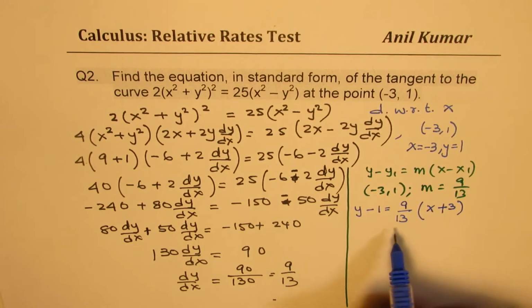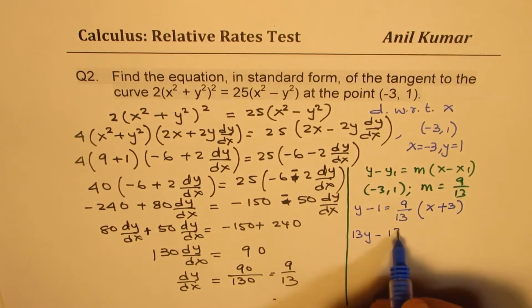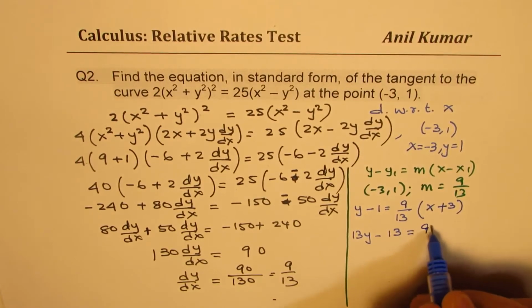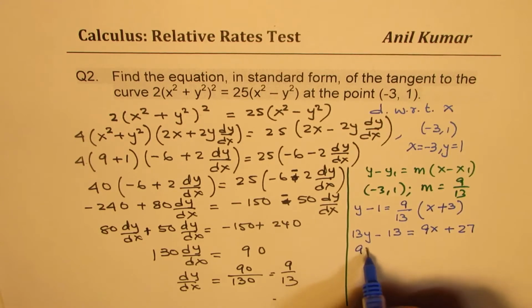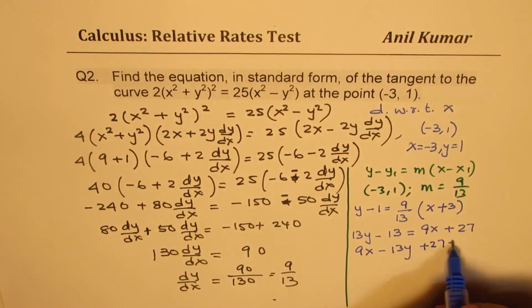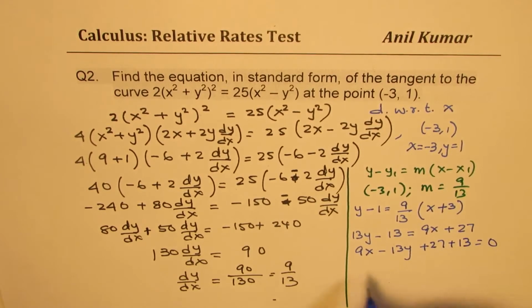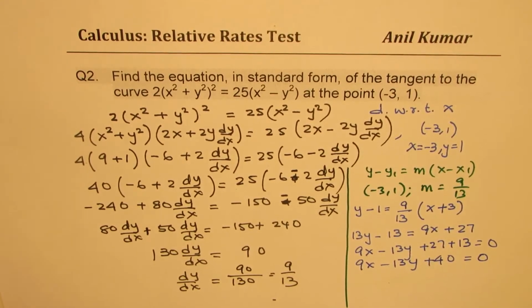So we can now multiply by 13 and then write down the equation as 13y minus 13 equals 9x plus 27. Bringing them together gives us 9x minus 13y plus 27 plus 13 equals 0, or 9x minus 13y plus 40 equals 0.